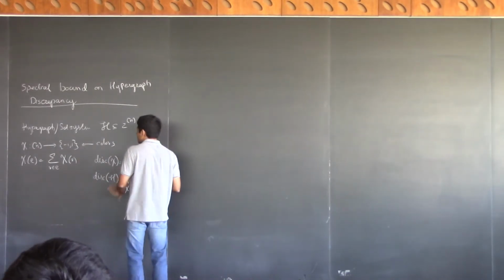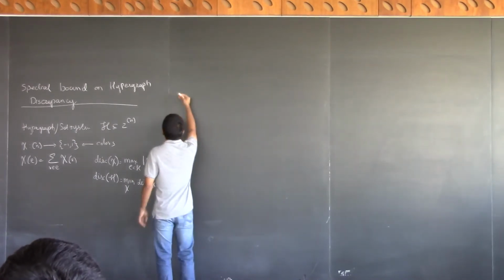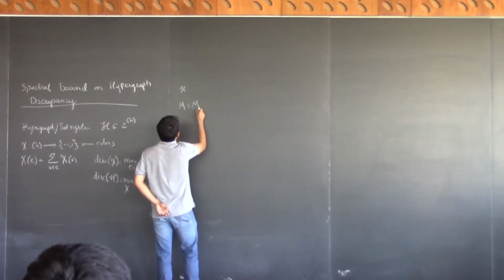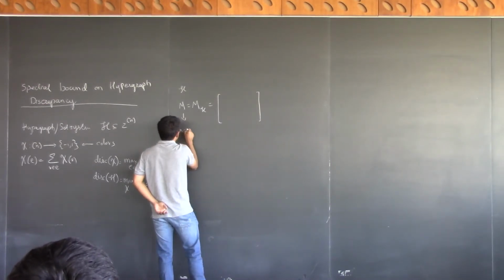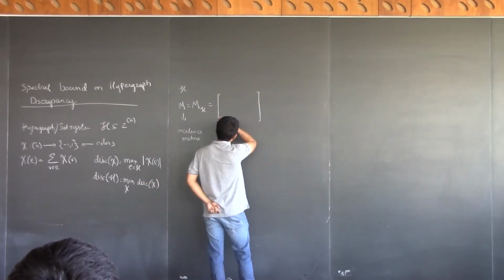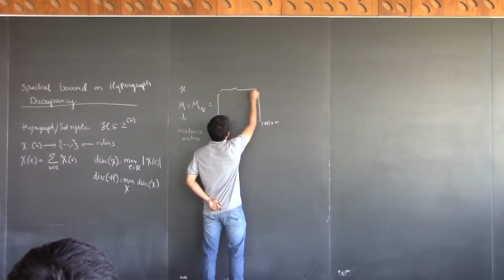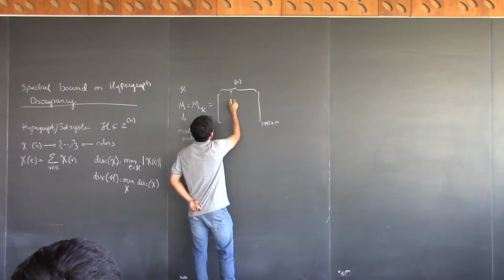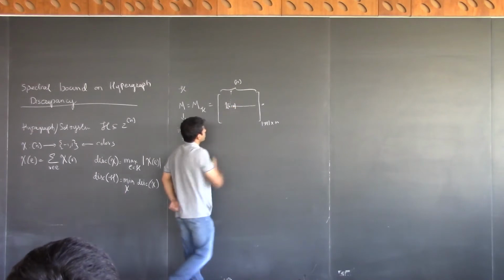So here's a different way to state it. It's syntactically different, but I don't think there's much difference. Given a hypergraph H, define the incidence matrix, where the columns are indexed by the vertices and the rows are indexed by the hyperedges, and for a vertex v and hyperedge e, the entry is whether or not v is contained in e.